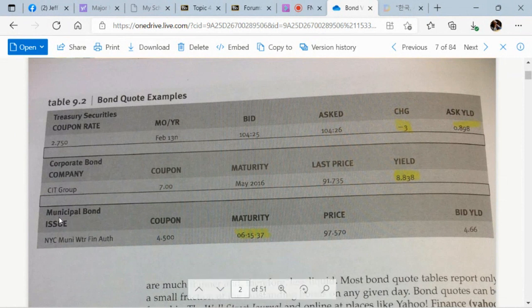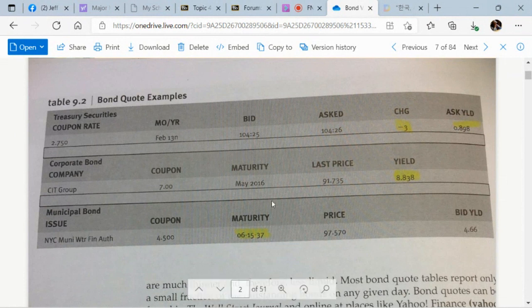When you take a look at corporate bond, the second column gives you coupon rate, and municipal bond also gives you coupon rate in the second column. But in case of Treasury, they gave coupon rate in the first column, right below the name of Treasury. And the second column, they show maturity.